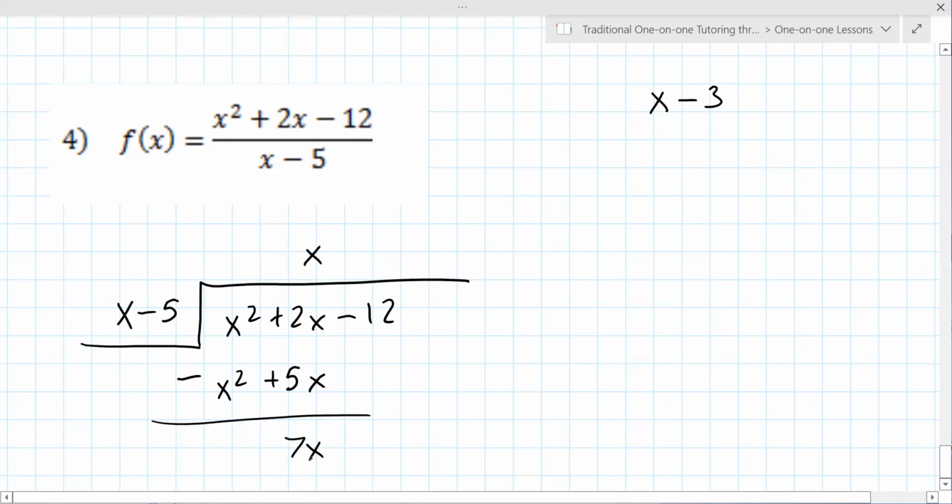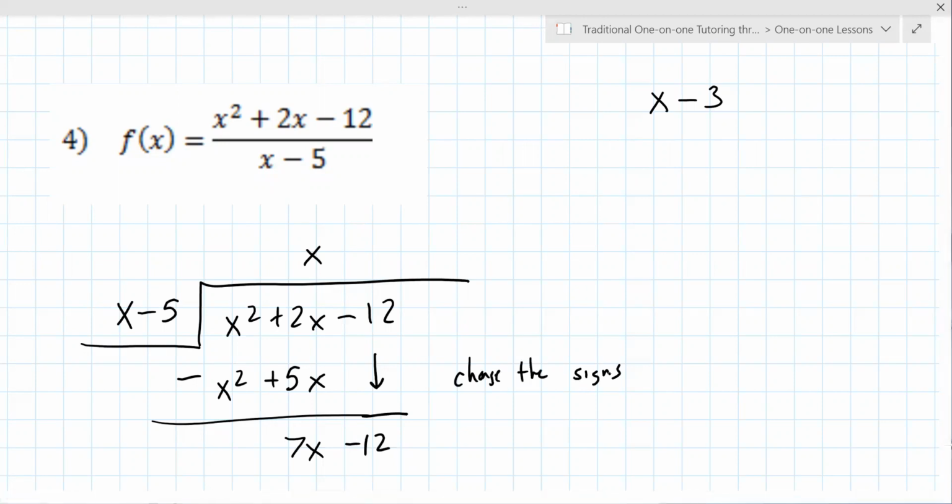Uh-oh. So I think you're not doing that part where you change the signs. You got to change them both. Because it's minus 5, so it becomes plus 5 when you change the signs. I mean, you could think of it as subtracting, but this is a better approach long term to do it this way.